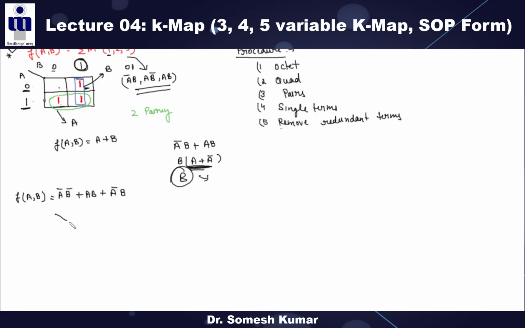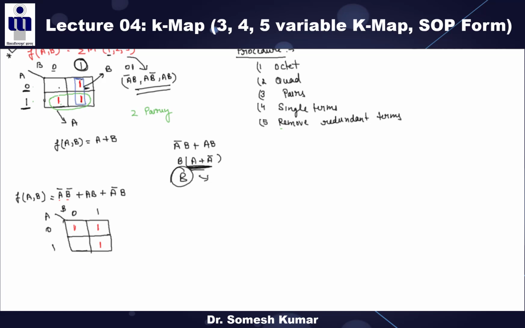So there are 4 cells maximum possible, similar to your previous example. A, B, and this is 0, this is 1, this is 0, this is 1. This is 1, because A bar is there, and this is also 1, and this is also 1.